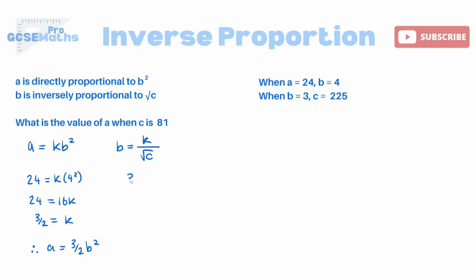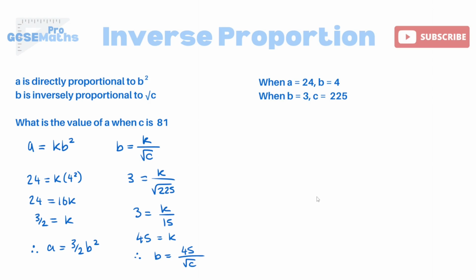Same with the other formula, we've got b is 3 when c is 225. If you square root 225, you should get 15, so k over 15, and then just multiply across, so I get 45 for this value of k. Therefore, my equation is b is equal to 45 over root c.